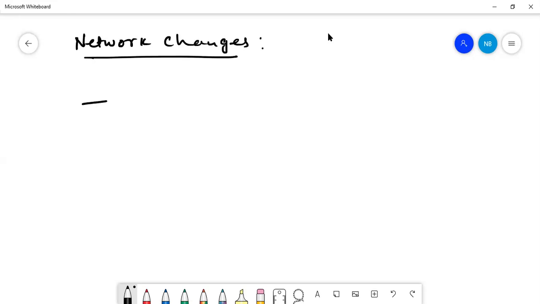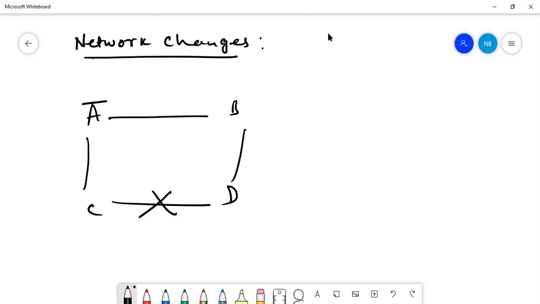Let us say that A is there, B, C, D. Let us say that they are neighbors here, and this link has failed. So what do we have to do? The routers will get updated immediately. It will not wait for the 30 minutes.